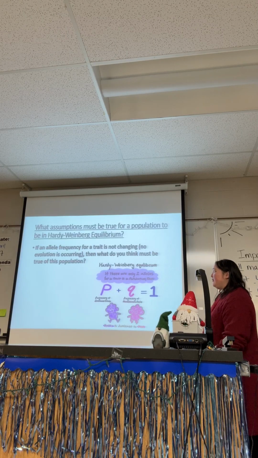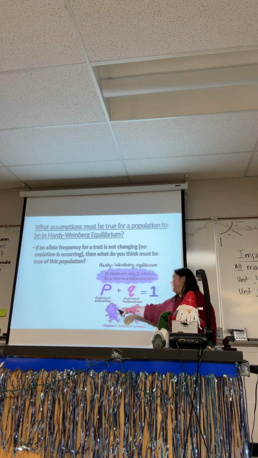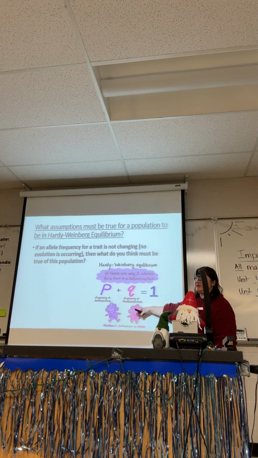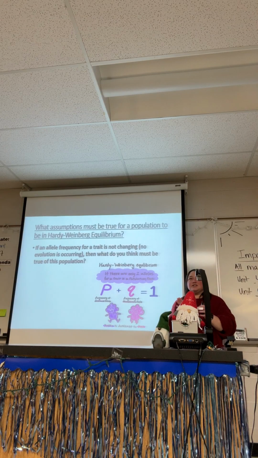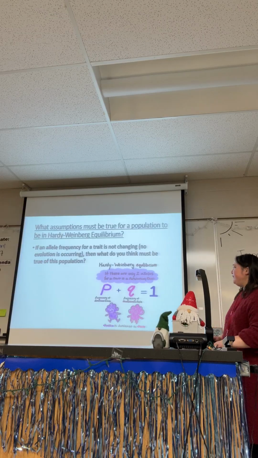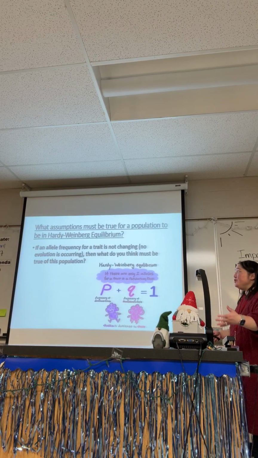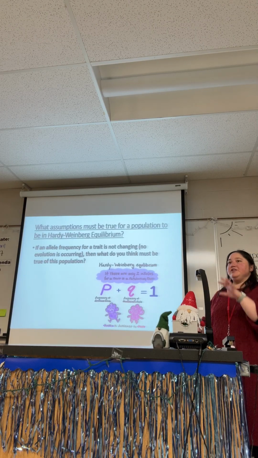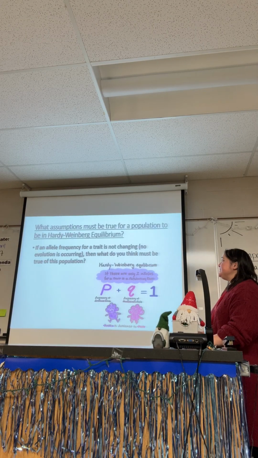What Hardy-Weinberg equilibrium tells us, this is the frequency of our dominant allele and the frequency of the recessive allele. They're in balance with each other. Nothing is going more one way than the other. They're in fair equilibrium here. Then we should not see anything changing within the population. The allele frequency should stay the same over time.